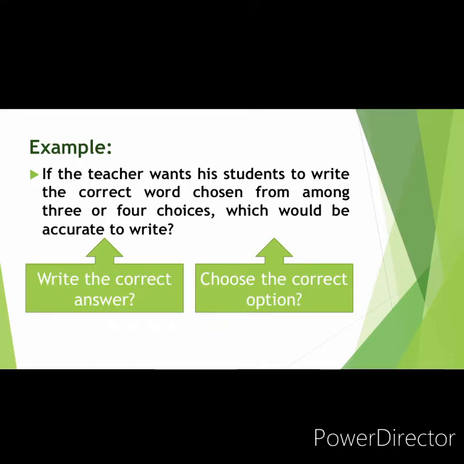Now, if we take an example about the clarity of direction, if the teacher wants his or her students to write the correct word chosen from among 3 or 4 choices, MCQ items, which would be accurate to write? Write the correct answer or choose the correct answer?